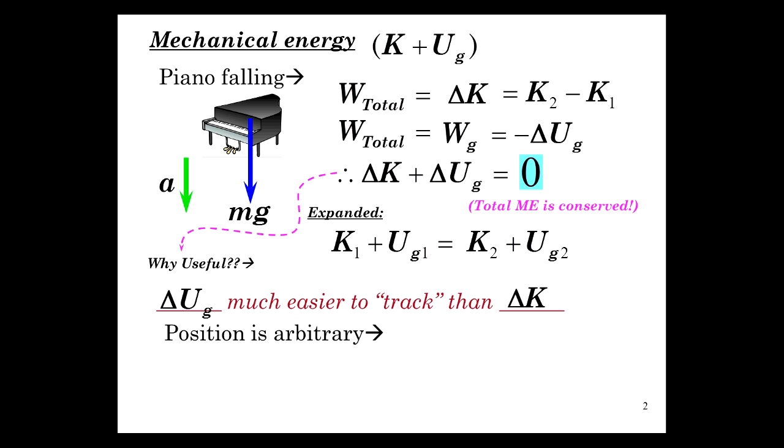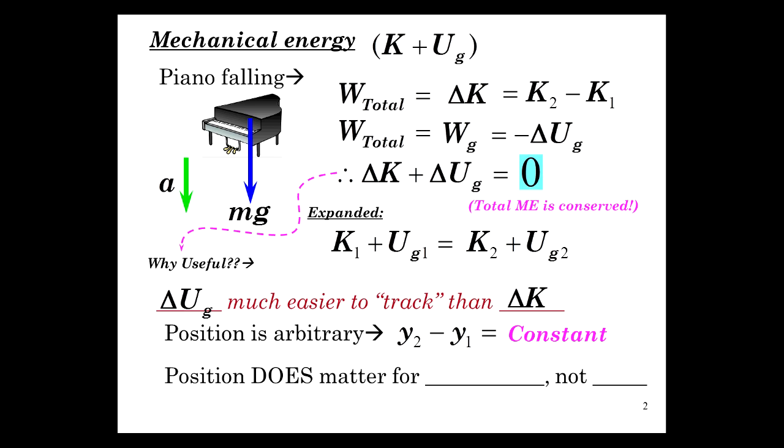Well, the position is arbitrary when we're talking about gravitational potential energy. Y2 minus Y1, the difference in position, can be the same even though the values are much different. In other words, it's constant. So this piano could go from this position here down to this position, or we could start here and go down to this position. And if the change is the same, then the change in gravitational potential energy is the same.